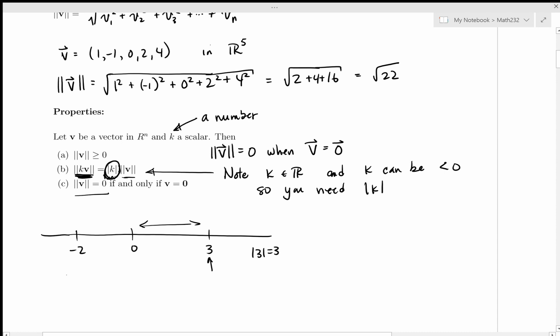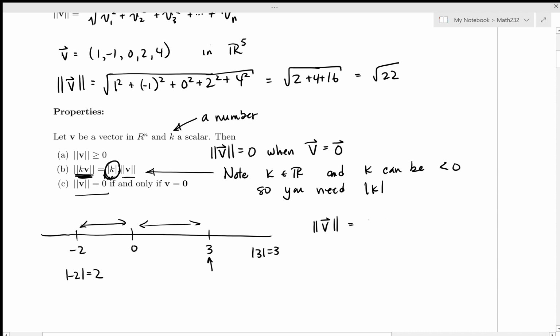And over here, the absolute value of -2 is 2, and that is this distance from the origin. So the absolute value of a number, a scalar, captures the idea of distance from the origin, and the norm of v captures the idea of the length.